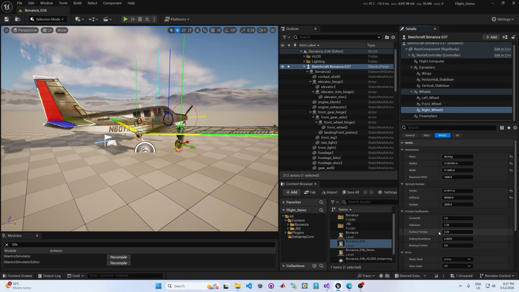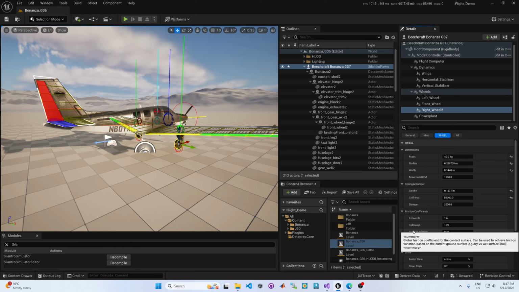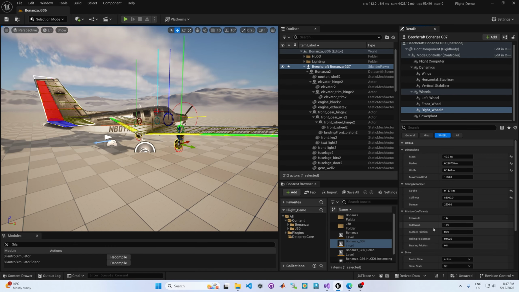Then surface friction. On top of the forward and sideways friction coefficients, the surface friction is a multiplier that scales these two values. The reason I added this is if you want to extend the system to have different friction on different surfaces. You can use this to scale the amount of friction applied based on the current surface the wheel is on.